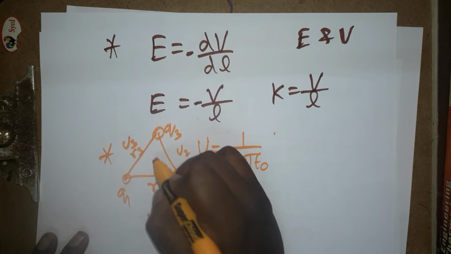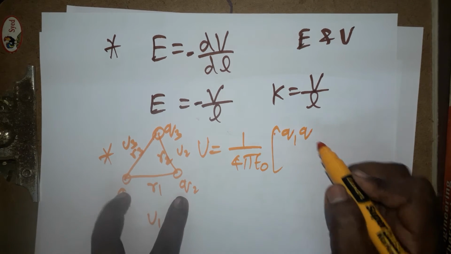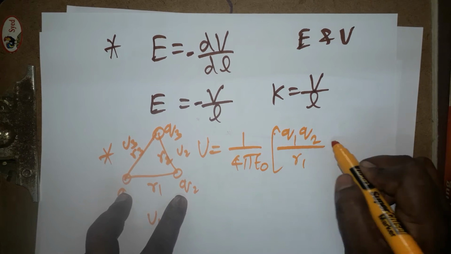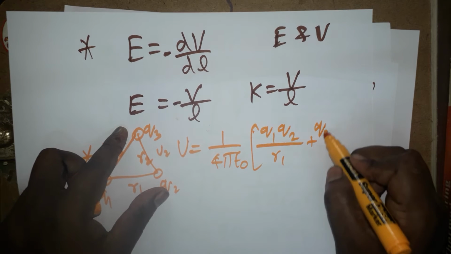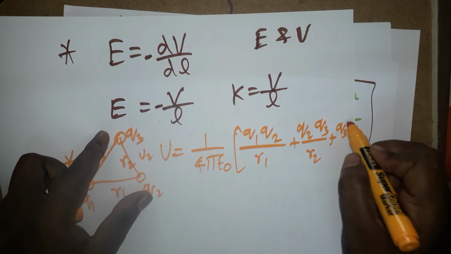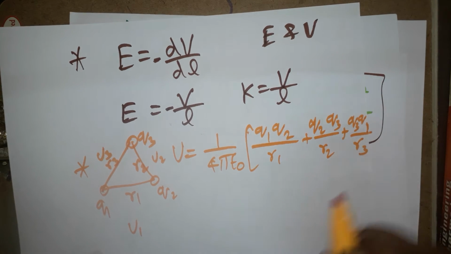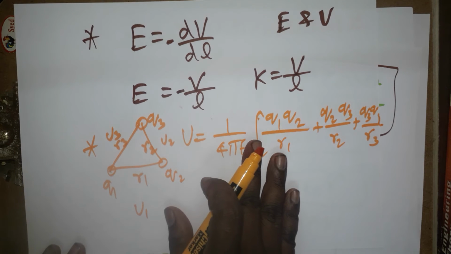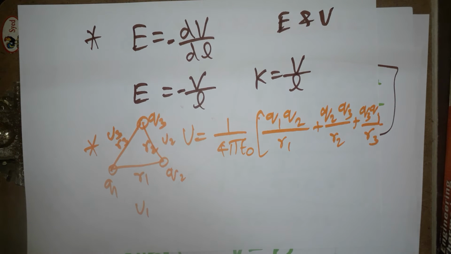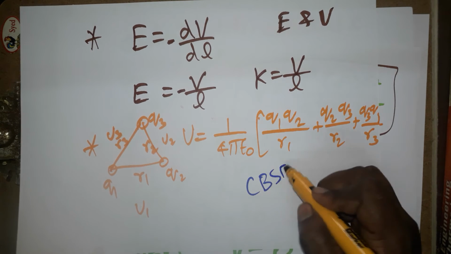For Q1, Q2 the distance is R1, plus Q2, Q3 with distance R2, plus Q3, Q1 with distance R3. This is the total energy stored in a triangular system. What is the energy required to place a triangular system? It's also a very important problem and equation. They asked this in the CBSE exam.